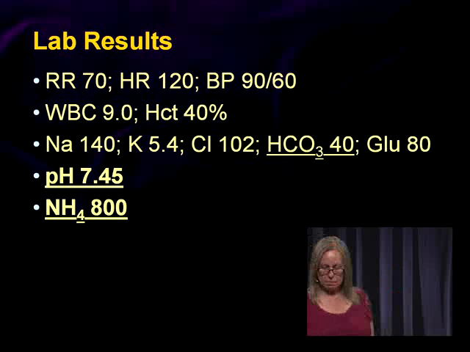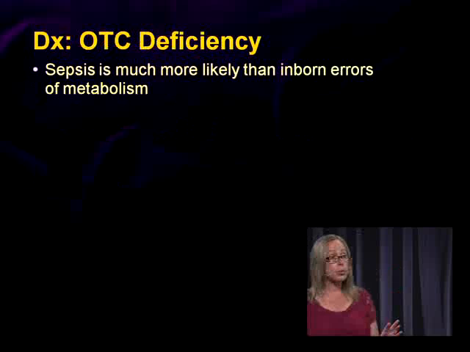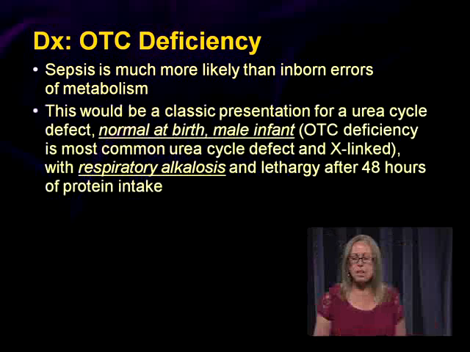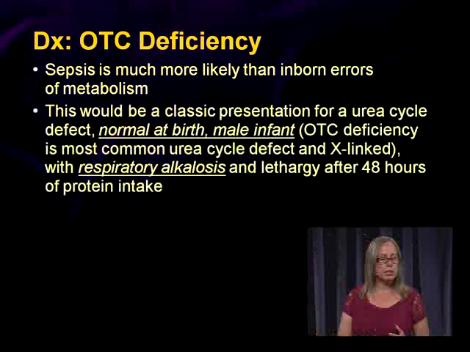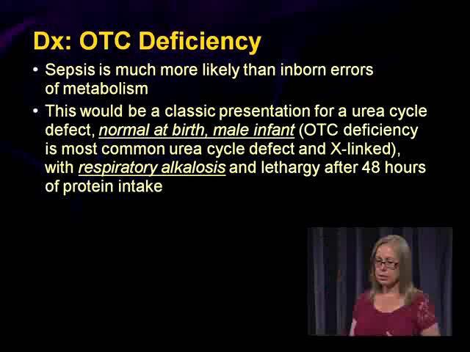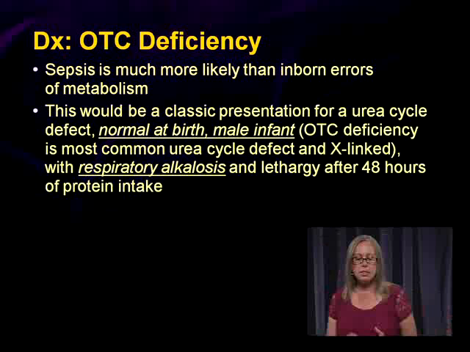So this is classic for OTC deficiency or ornithine transcarbamylase deficiency. So again, sepsis is always more common than inborn errors of metabolism, but keep it in the back of your mind. This is a classic presentation for a urea cycle defect: normal at birth, male infant, raises the red flag for OTC because it's X-linked, and it's the most common out of all of the urea cycle defects, and it has a respiratory alkalosis and lethargy after 48 hours of protein intake.